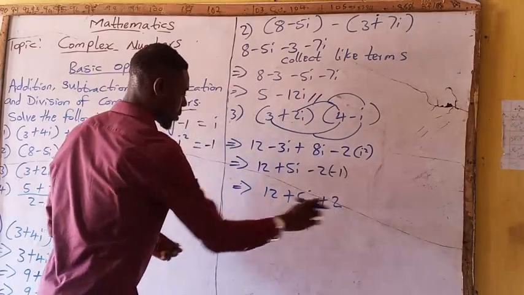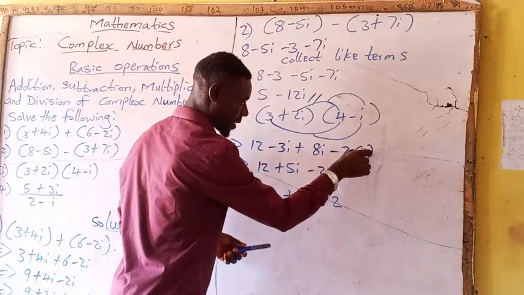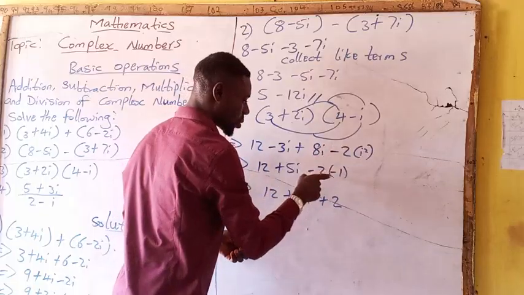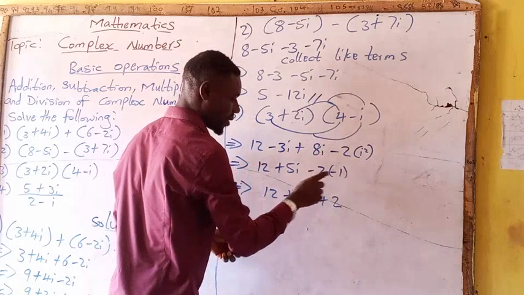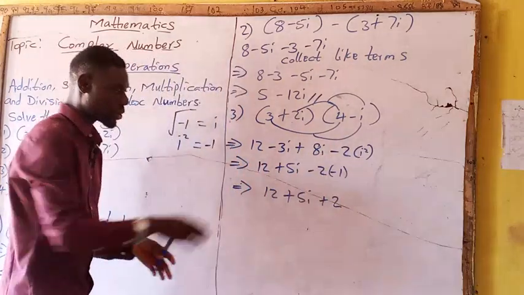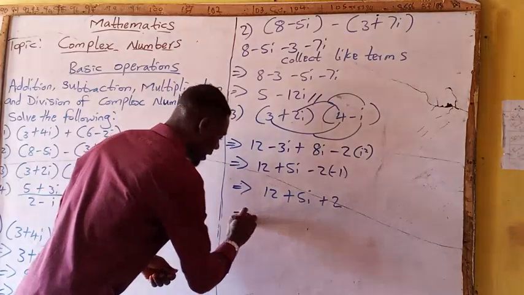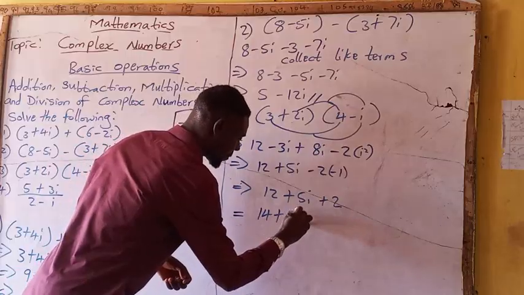The reason this 2 comes here is that I put a bracket because 2 is multiplying this. So it will be minus 2 times minus 1. Minus times minus in mathematics is plus. So you have plus 2. Add it together. Your final answer becomes 14 + 5i.